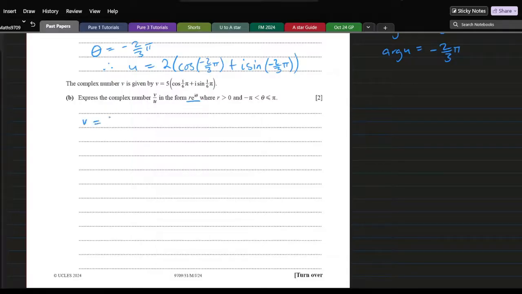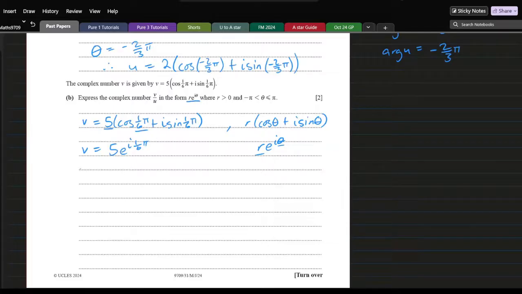V we were given to be 5 times cos 1/6 pi plus i sine 1/6 pi. We know that this is in the form r cos theta plus i sine theta. So if we want to move to the form r e^(i theta), we only need to know what r is and what theta is. For v, r is equal to 5, and theta is 1/6 pi.